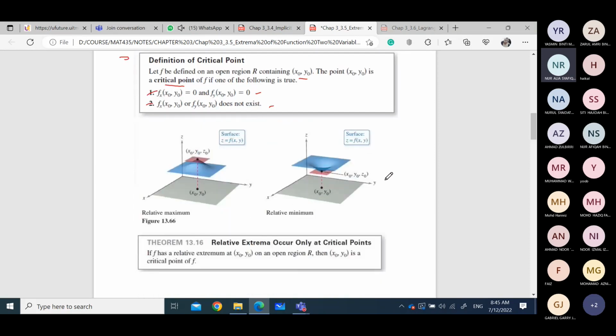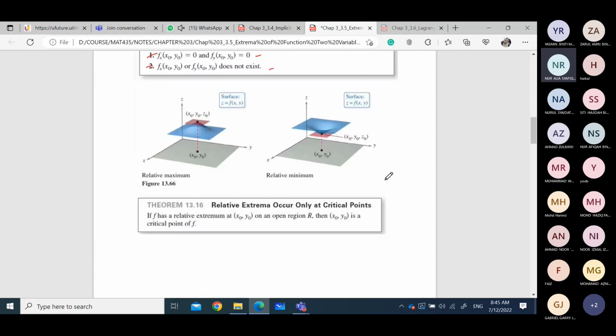All right, look at figure 13.66. Here we have a surface, a function of x and y. On this point, x naught, y naught, z naught, which is a point on the surface, either a relative minimum or maximum lies on the region.